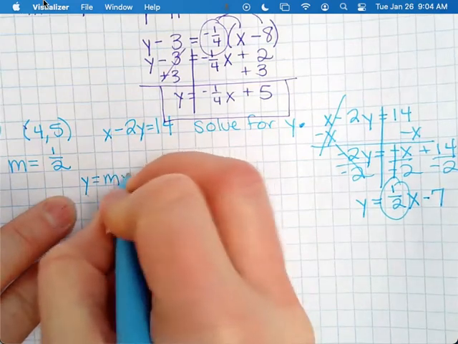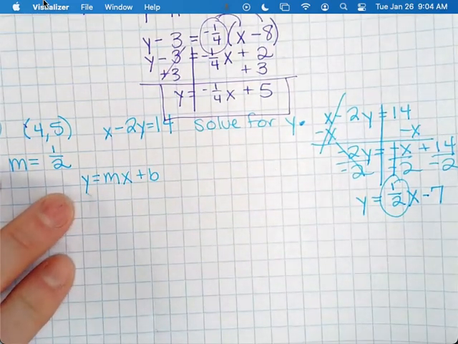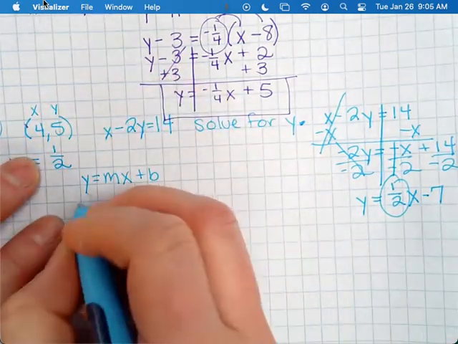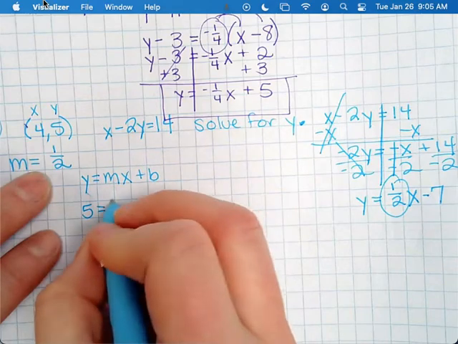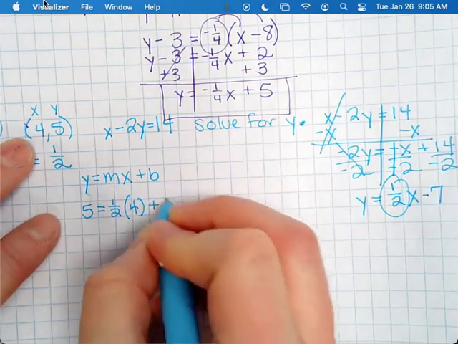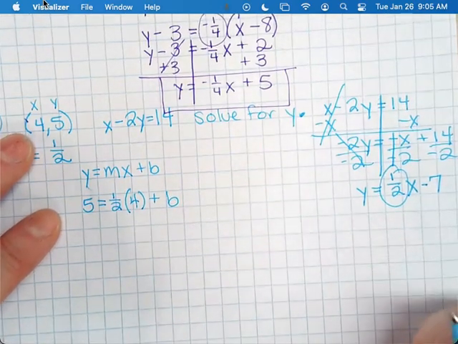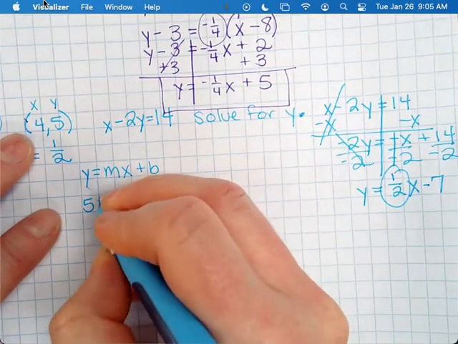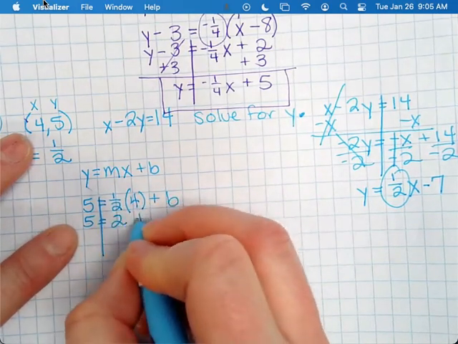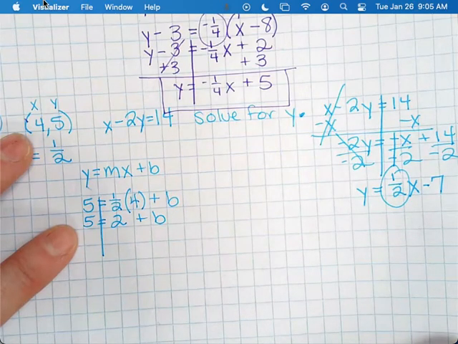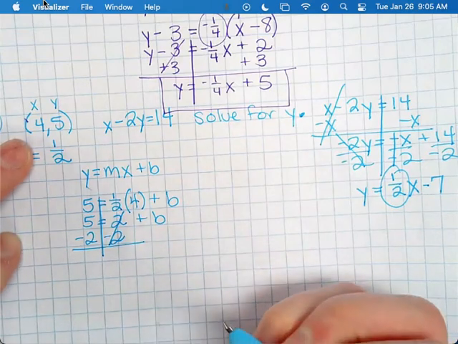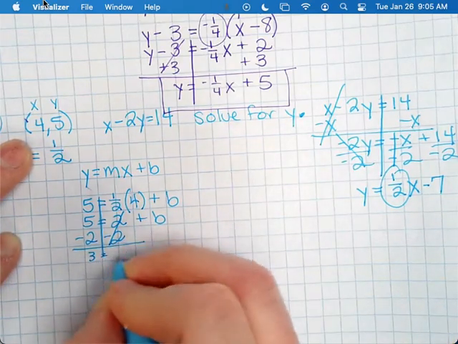So we're going to do the y equals mx plus b to solve for b so we can write our new equation. So this is x, this is y. So it's 5 equals 1/2 times x, which is 4, plus b. It's 5 equals half of 4, which is 2, plus b. Minus 2. So 3 equals b.